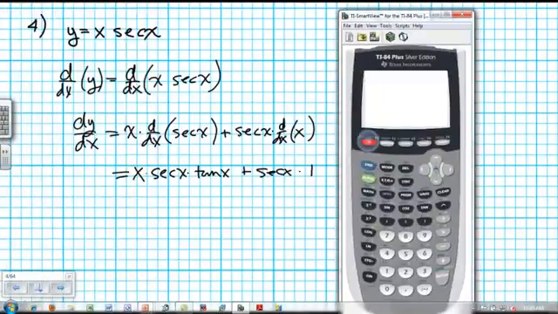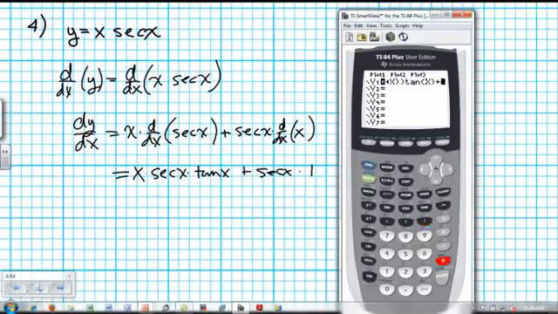All right. In my calculator grapher, I am going to put in what I believe the derivative function is: x multiplied by secant. Now I don't have a secant button, so I'm going to go 1 divided by cosine of x, and then multiply that by tangent. I do have a tangent button. And at the end, I'm going to add that to 1 divided by cosine, which is my secant function. So there's what I believe is the derivative function.